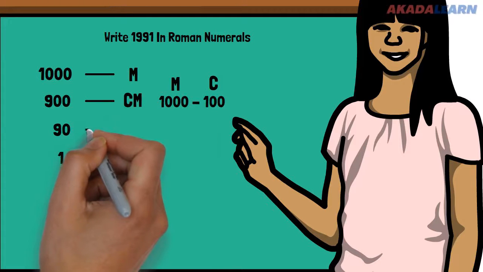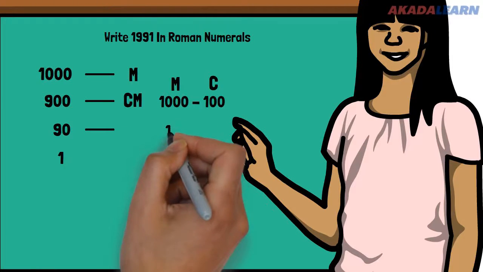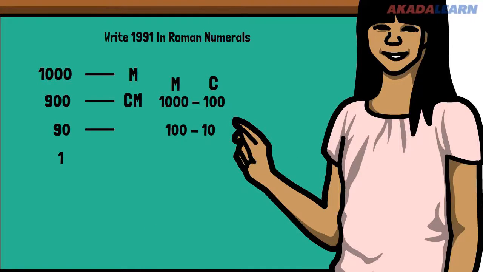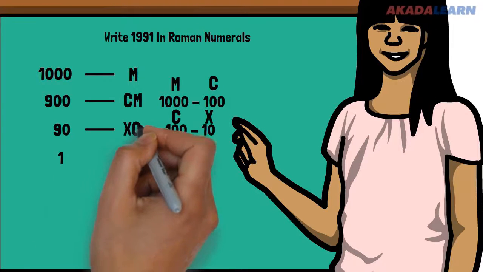So that's CM. So 90, same thing here. 100 minus 10. So 100 is C and 10 is X. So X will come before C since it's subtraction that you did there. So that will make it XC, like you have there.